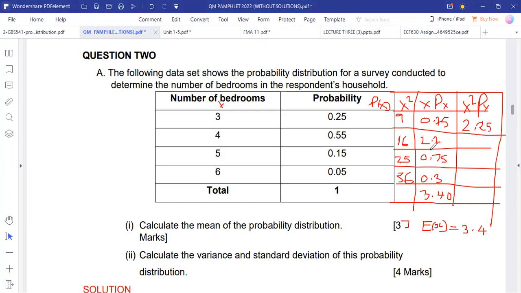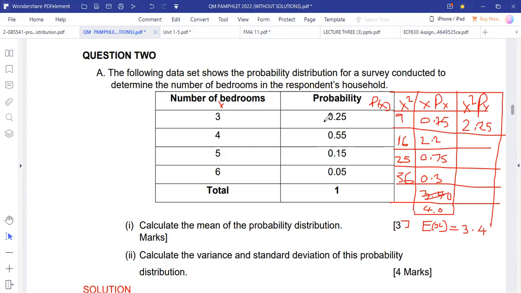Okay, somebody clarify what she's querying. 0.75 plus 2.2 plus 0.75 plus 0.3 equals 4, yes. So thank you for that. This is 4. It's just 4 exactly.